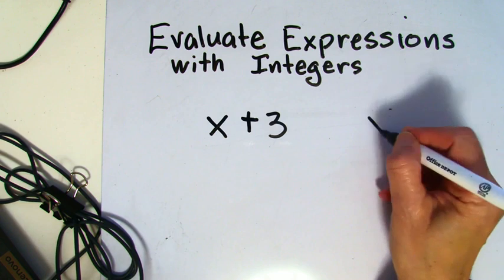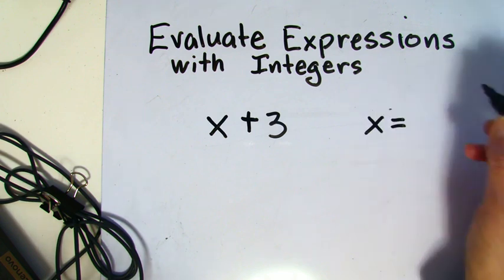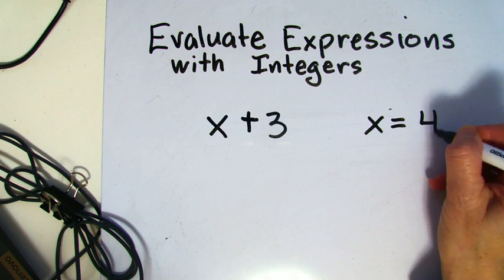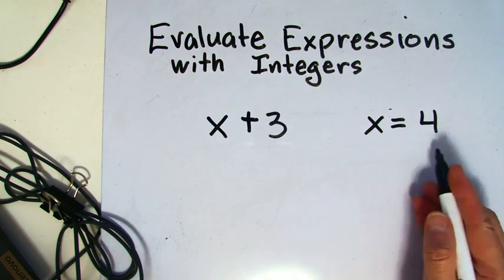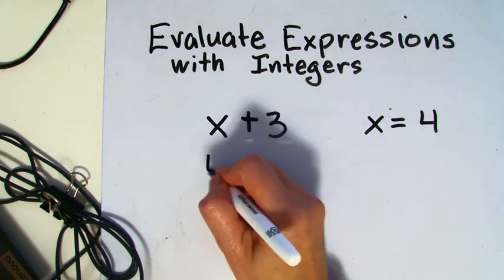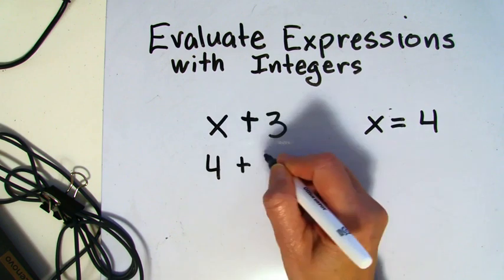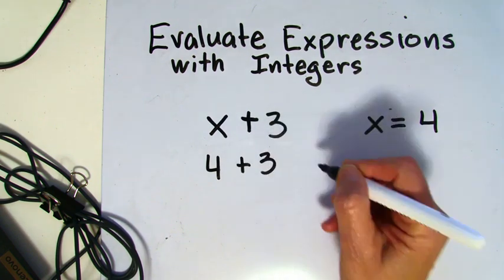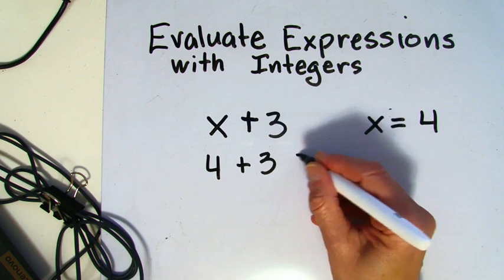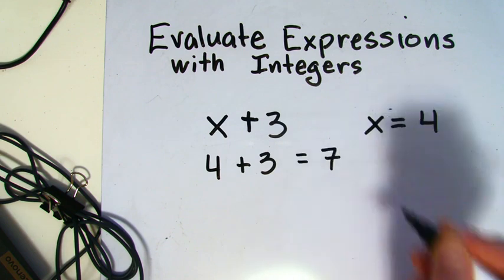So let's say that x is equal to 4. All we're going to do is plug in that 4, the remaining amount of that expression, and then simplify, which would be 7.